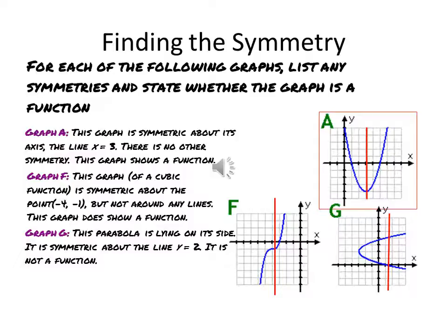Let's check our work. Graph G, this parabola is laying on its side. It is symmetric about the line y equals 2. It is not a function. Okay, great job.